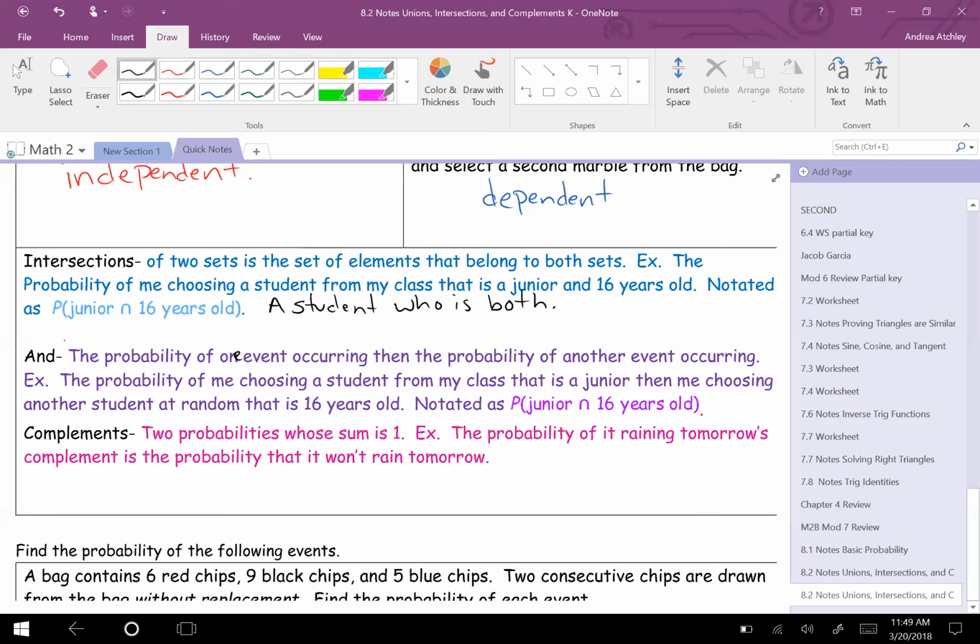Okay, so it's the probability of me choosing a student from my class that is a junior. Then I choose another student and I want it to be a 16-year-old. It's notated the same way. The notation is still junior, but this is now "and" 16 years old.